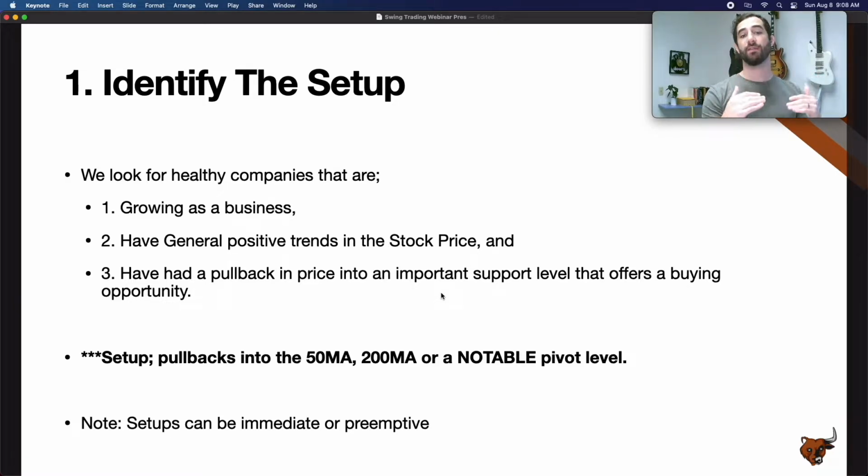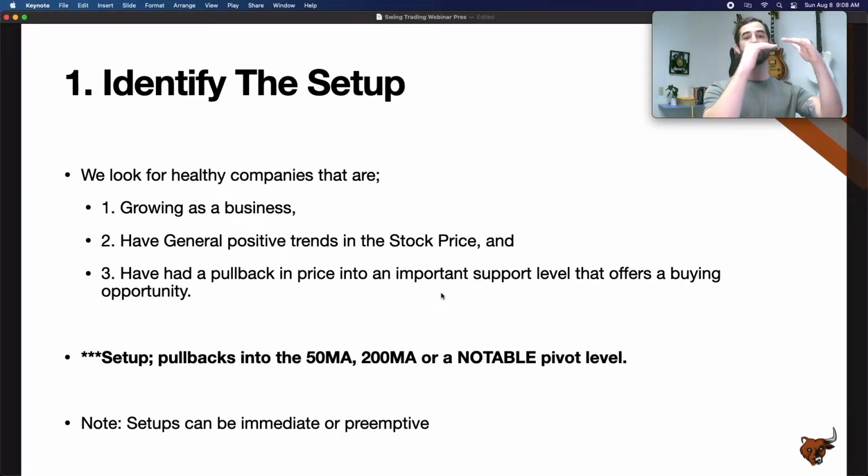And here's the second part of the system. What is the level that the price pulls back into? We're looking for the price to pull back into the 50 MA, that's the 50-day moving average, the 200 MA, that's the 200-day moving average, or some notable price level that when you look at the chart, just jumps out of the screen and tells you every time the stock goes into this level, it bounces.